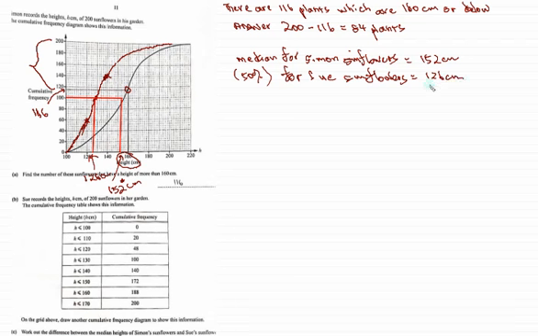Okay, so the difference would be 26 cm. This is the difference of the median for the two cumulative graphs. That's it.